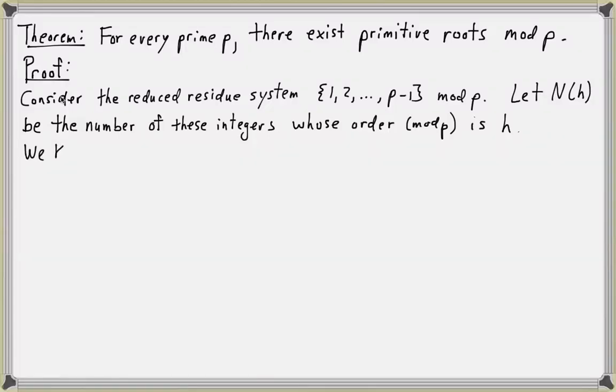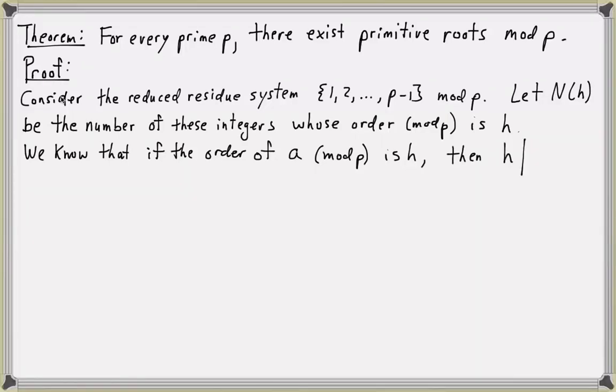So we know that if the order of an element, say a, mod p is h, then h divides phi of p, which is p minus 1. Okay, so we know that all the orders divide p minus 1.